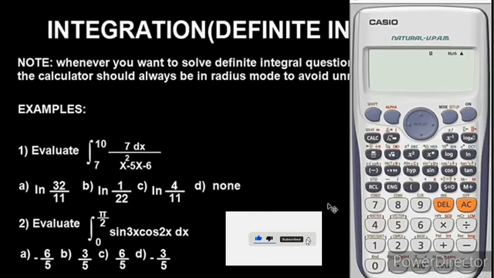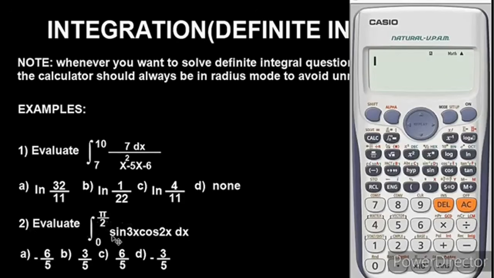Let's solve one more example. This is example 2. Example 2 says evaluate the integral function sine 3x plus 2x. So to start with, let's bring out the integral symbol and input the upper and lower limits. The upper limit there is in fraction, pi over 2.